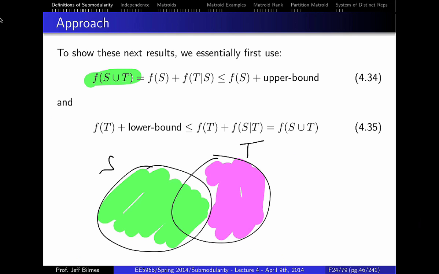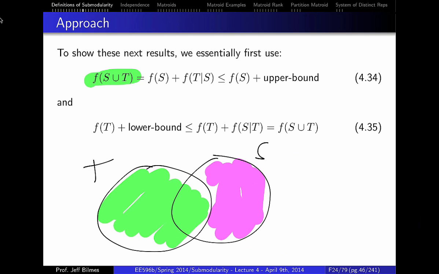But we're going to start by upper bounding that stuff, upper bounding the pink stuff. And then similarly, we're going to do the opposite. I wish I could flip this backwards, but I can just flip these and say this is S and this is T now.